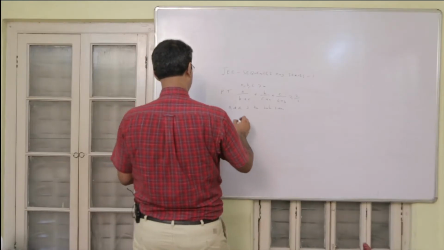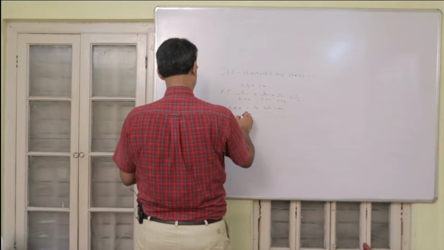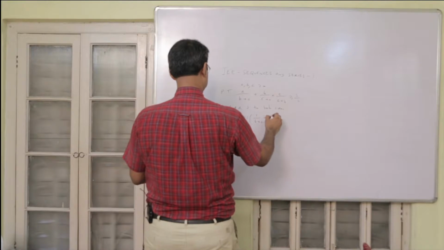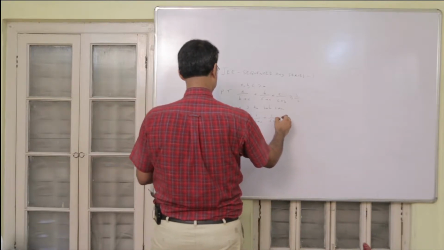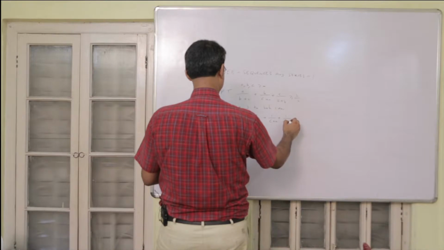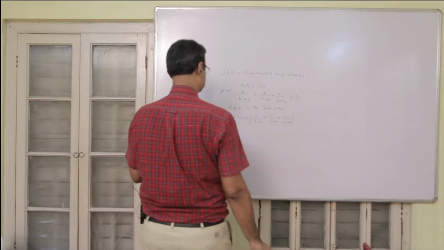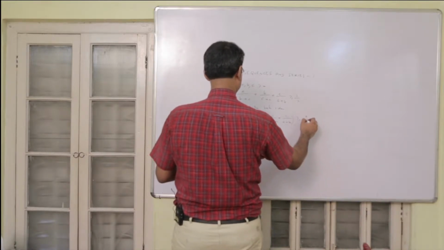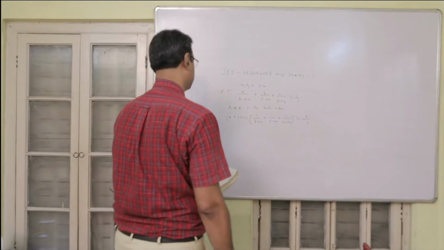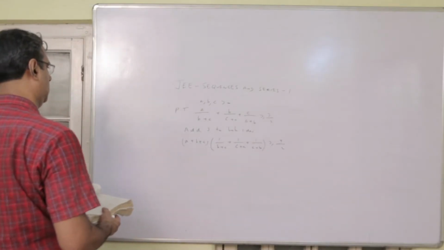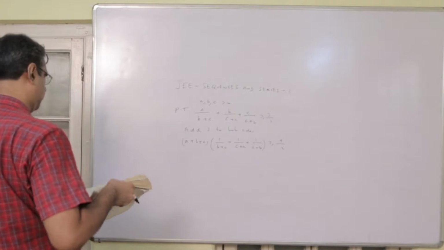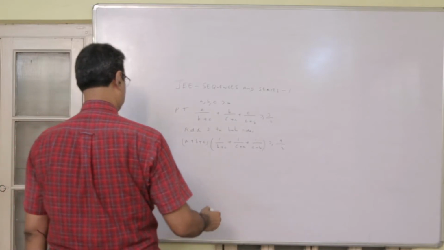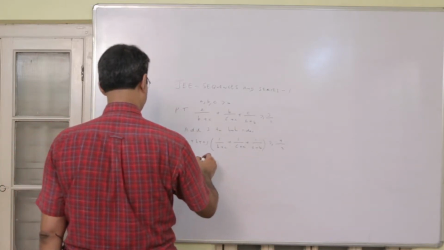If you add 3 to both sides, this is what you have to prove. So we have to prove this particular inequality. Now let us do one thing.